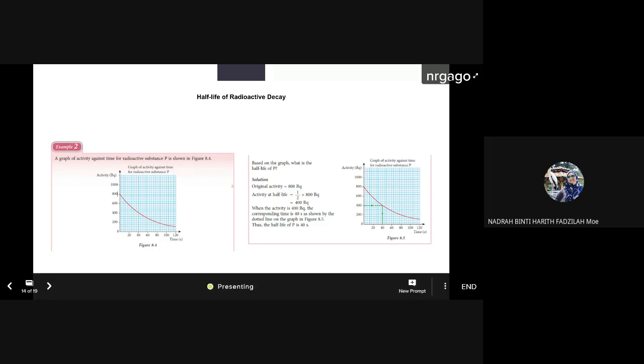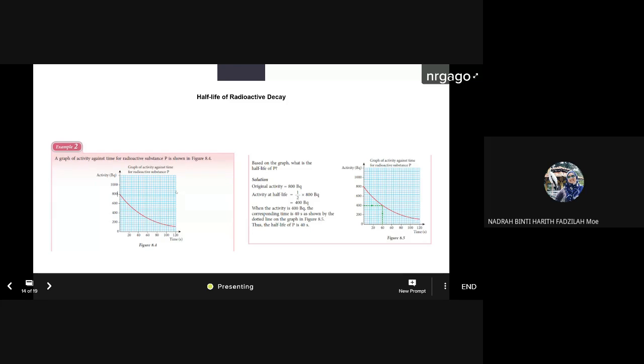So when we have a graph like this, we know the original activity is 800 Bq. How do we know the original activity is 800 Bq? Because we look at position 0. So at time 0, the original activity is 800 Bq.